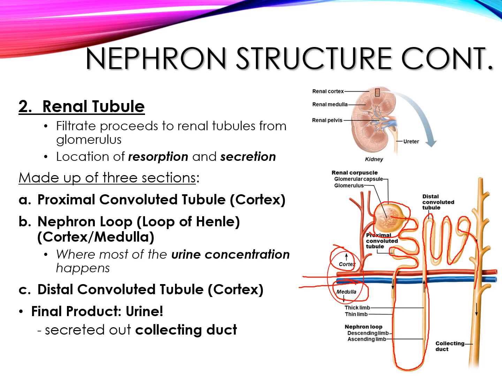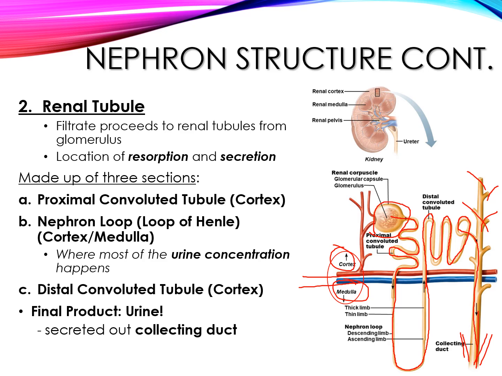If we go through our loop of Henle, we get concentrated, and then we come back up and go through another loop with lots of turns and twists, and that's the distal convoluted tubule. Then we exit via the collecting duct. The collecting duct is going to take urine from multiple nephrons.